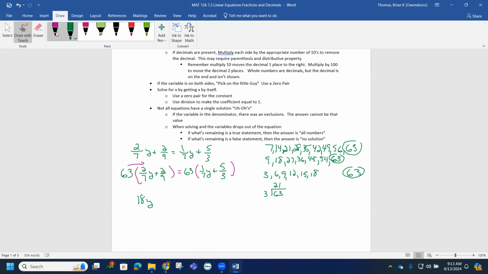And then when you bring across 63 times 2/9, notice the 9 goes into 63 as 7, and then 7 times 2 would be 14. So you have then plus this 14.